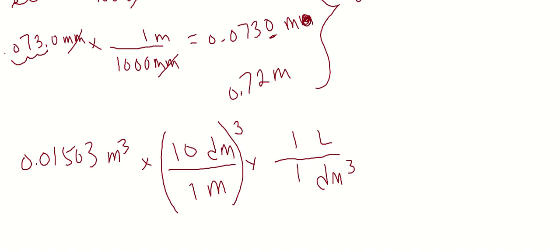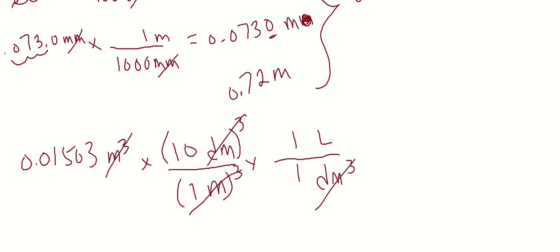So let me write it this way. Just cube there, cube there. You can see this is going to cancel out. This is going to cancel out. Let me distribute that exponent over here to the 10 as well. That's 10 times 10 times 10. So now you see we're just left with liters, which is what we're trying to do.